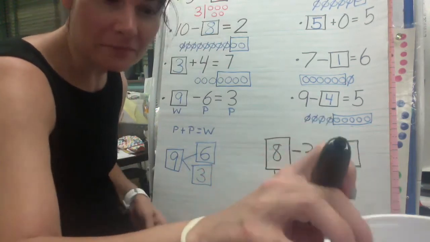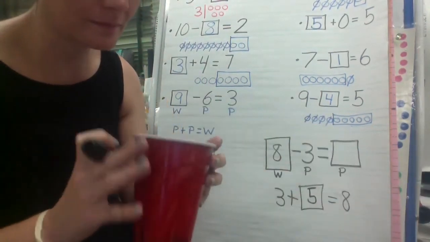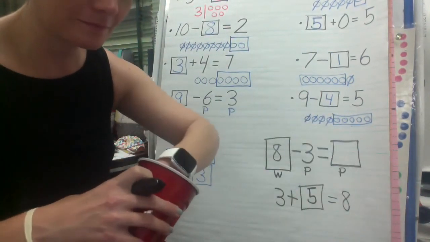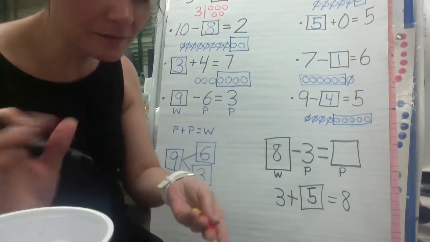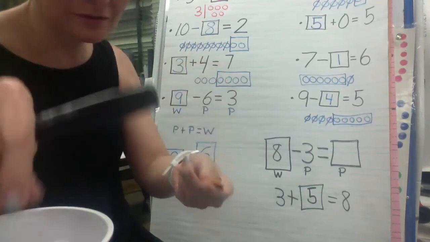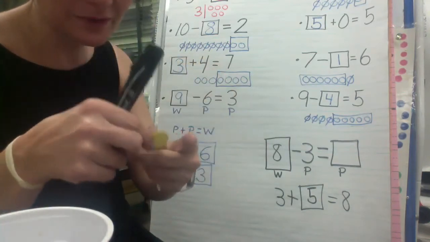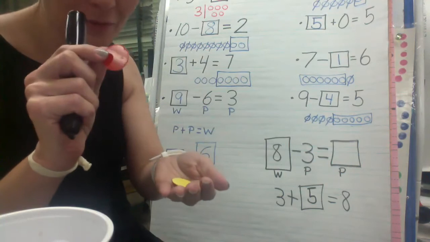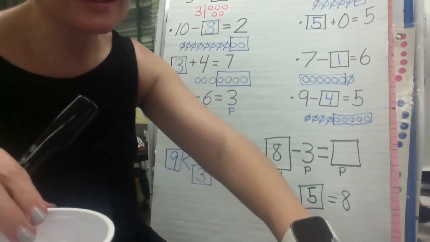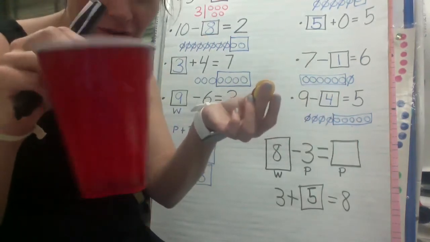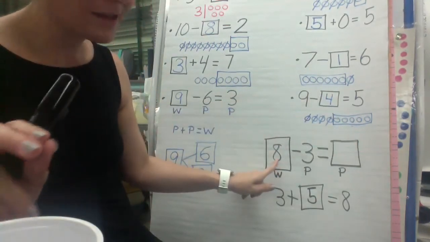Let's see if we're right. Let's see. 1, 2, 3, 4, 5. So 3 and 5 make 8.